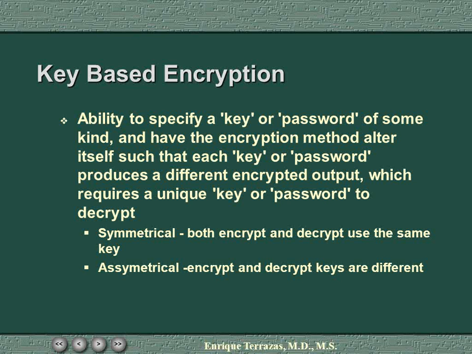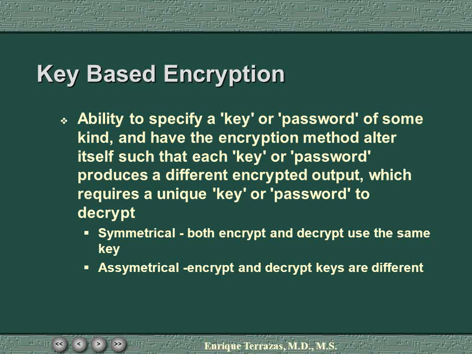So how does that come about? This is based on the ability to specify a key or a password of some kind and have the encryption method alter itself, such that the key or password produces a different encrypted output, which requires a unique key or password to decrypt.